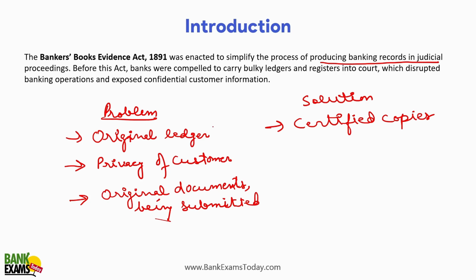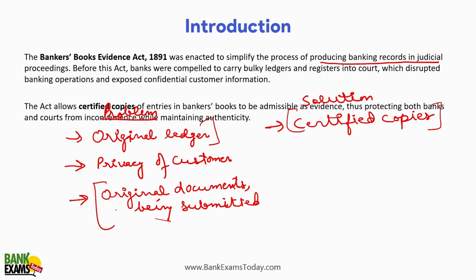And generally the court may not ask for the complete ledger. Certified copies are sufficient. So this is a solution provided, and original documents need not be submitted. Certified copies need to be submitted, right? So this is a solution provided by the Bankers Book Evidence Act, right? So that's what it is.